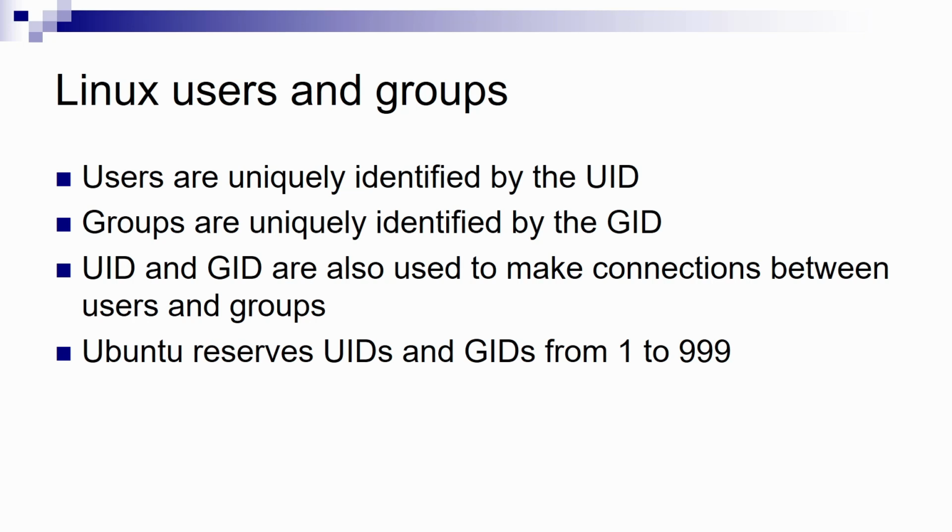Since the operating system actually uses these IDs in the background, the mapping of which user belongs to which group is also done using these IDs. The Ubuntu operating system reserves all IDs, group and user IDs, between 1 and 999. So if you want to create users and groups and set your own IDs, then you should use a number starting with 1000.